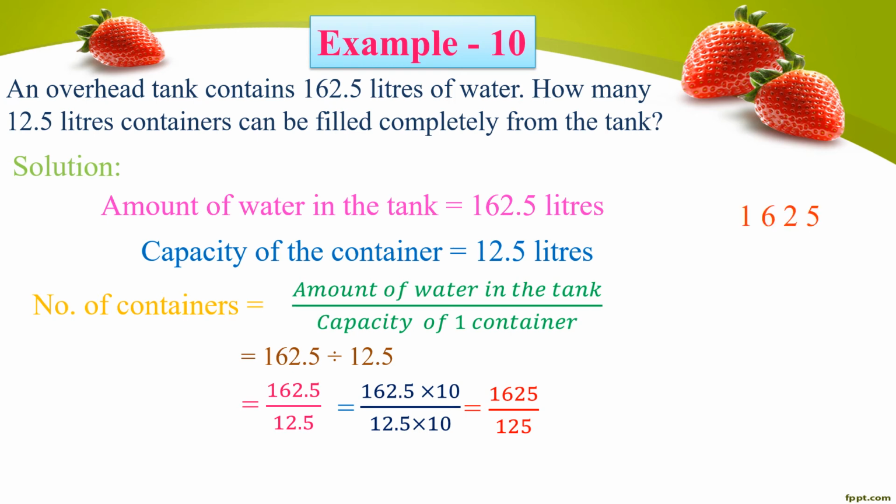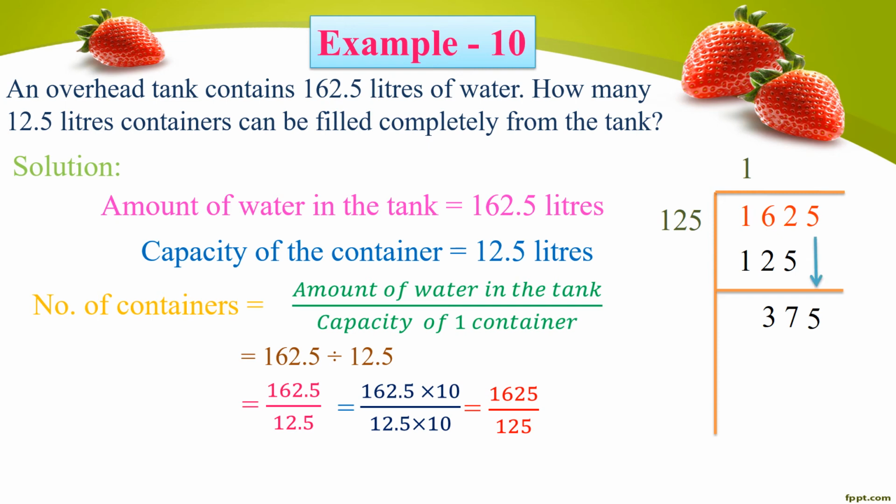Now 1625 is the dividend, 125 is the divisor. The number of 125s in 162: there is only one 125. So 125 into 1 is equal to 125. On subtracting 125 from 162, we get 37 as the remainder.